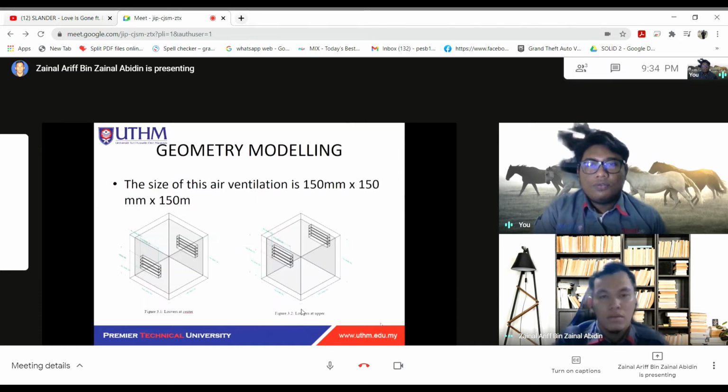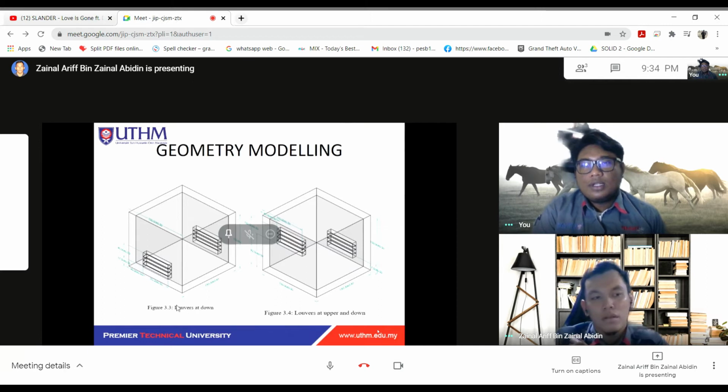For geometry modeling, the size of the air ventilation is a 150 millimeter cube. For figure 3.1, the louver is at the center, and 3.2 the louver is at upper. So this is configuration center and configuration upper.